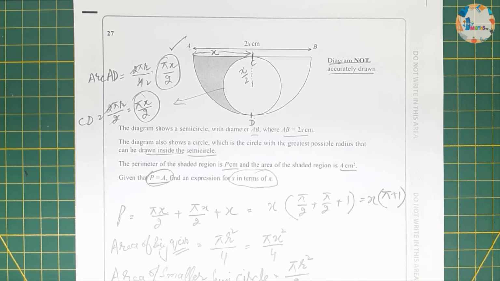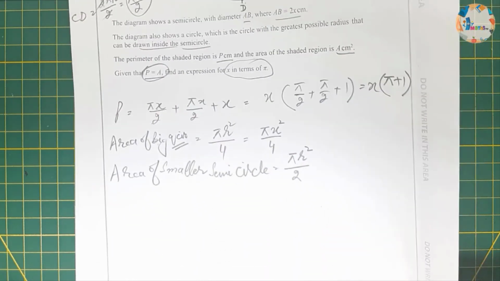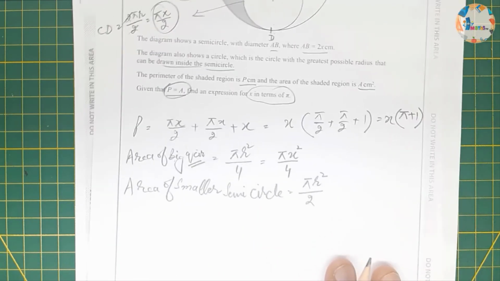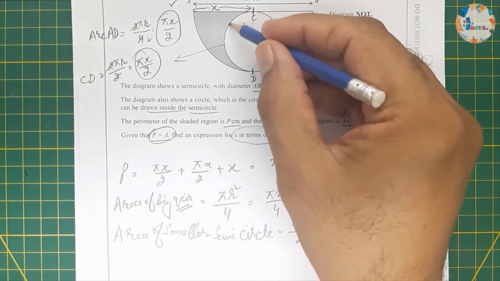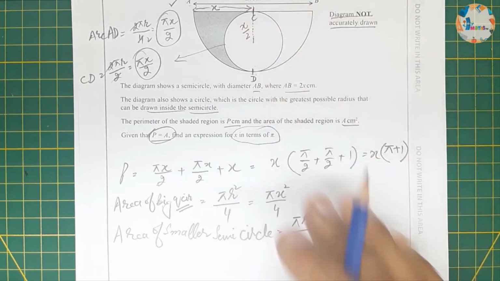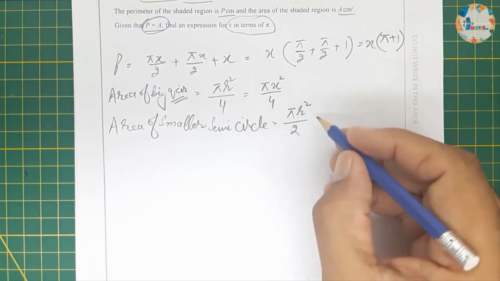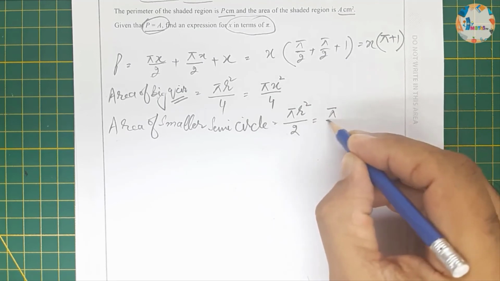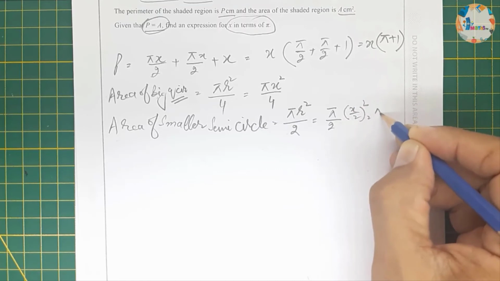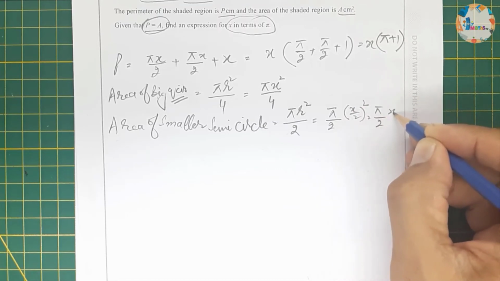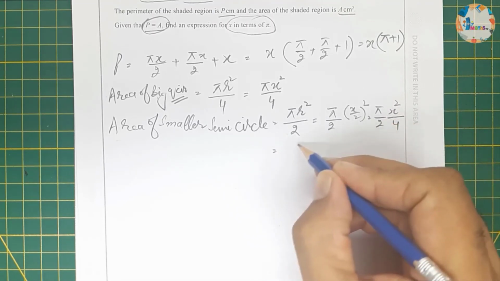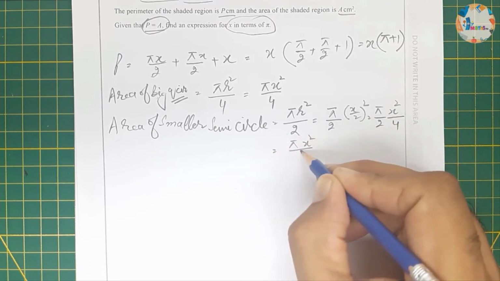So pi r square by 2 will be the area of the smaller one. This is the smaller circle with the radius x by 2, so r value will be x by 2. We can replace here, so it will be pi by 2 into x by 2 squared, which is equal to pi by 2 times x squared by 4, and we can write this as pi x square over 8.